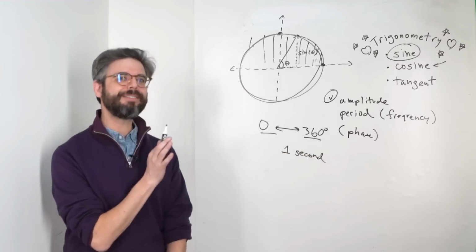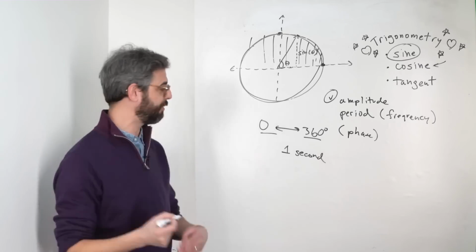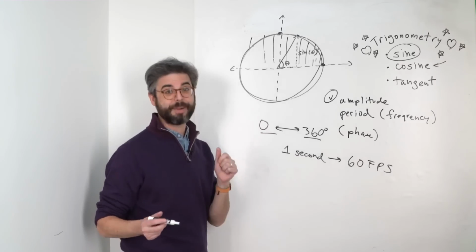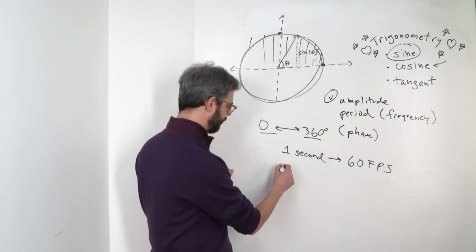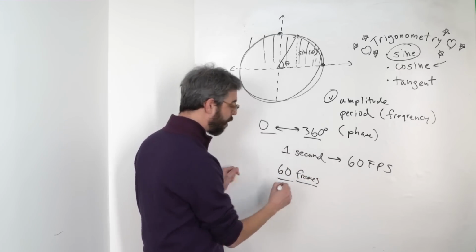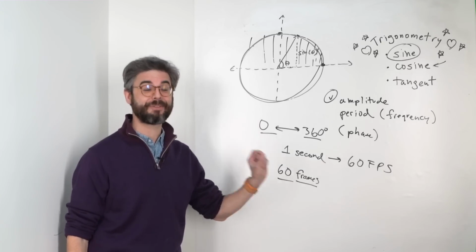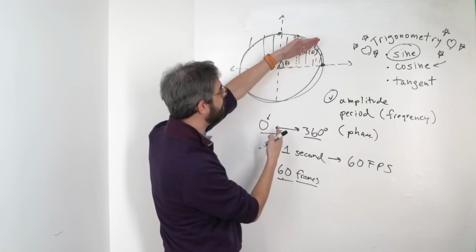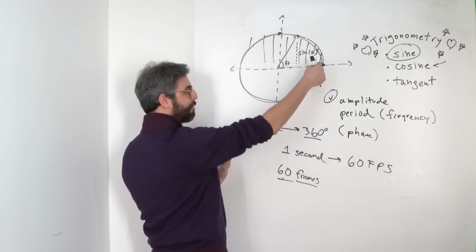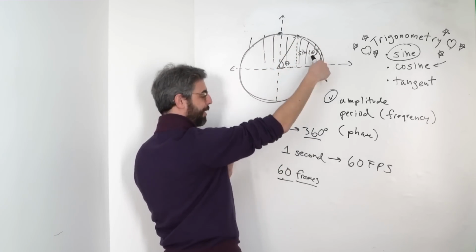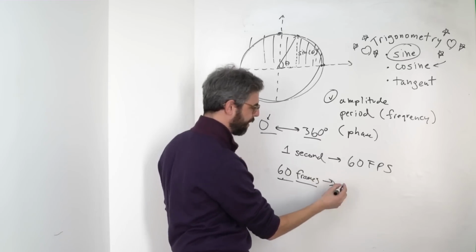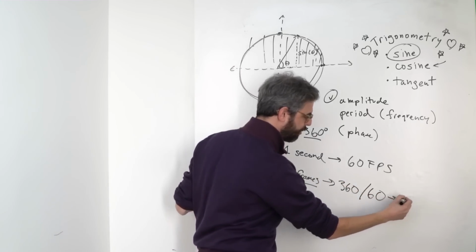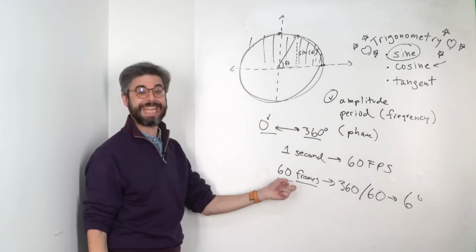Well, if my P5 sketch is running at, say, 60 frames per second, I might say that the unit I really care about here is not seconds, but frames. So what if I want the period to be 60 frames exactly? I need to increment the number 0 by some number of degrees so that at 0 frames I'm at 0, and at 60 frames I'm at 360. So the math works out to be 360 degrees divided by 60 frames. I need to increment by 6 degrees each frame.